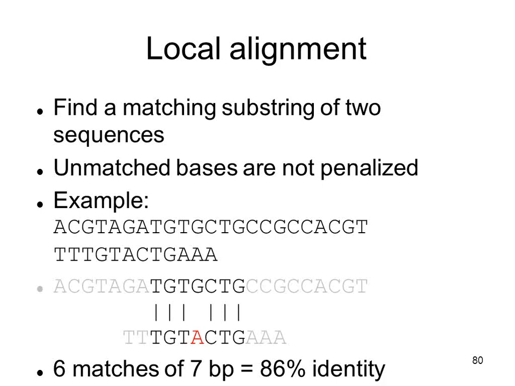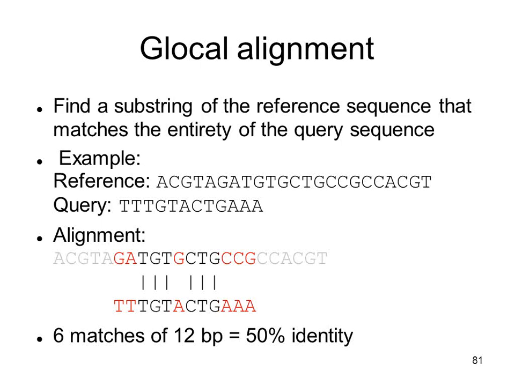In this example, there are 6 matches across 7 base pairs. The other parts outside of the local region that is aligning do not cause a penalty, even though there are clearly mismatches there. This method tends to be the most sensitive, more sensitive than a global alignment. This is the method used by BLAST, and this is an example.